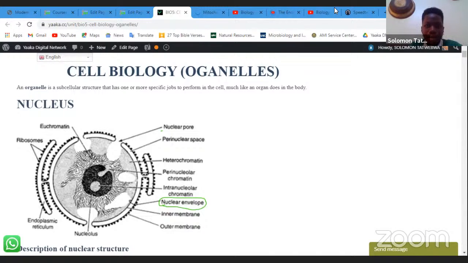Becky, would you love to try giving us the function of a nuclear envelope? Like the word envelope, what does it do? The word itself, envelope.